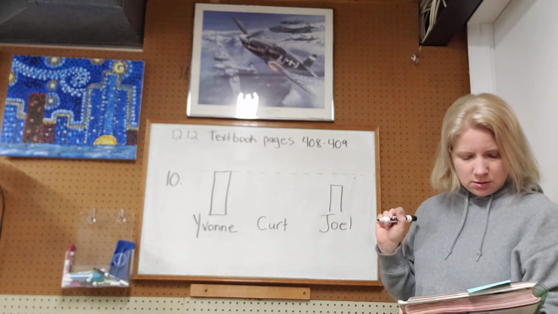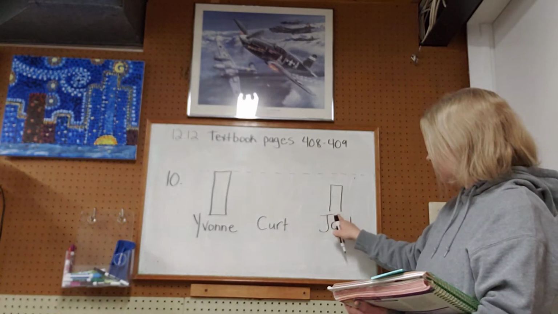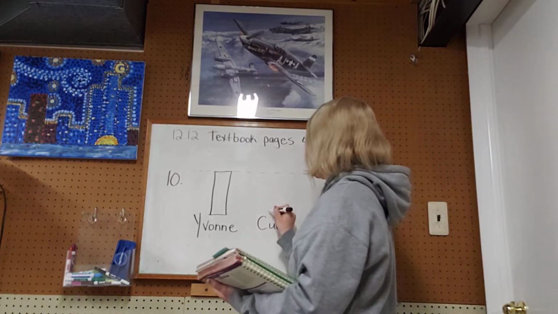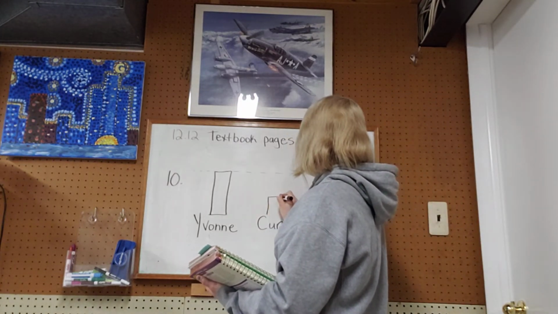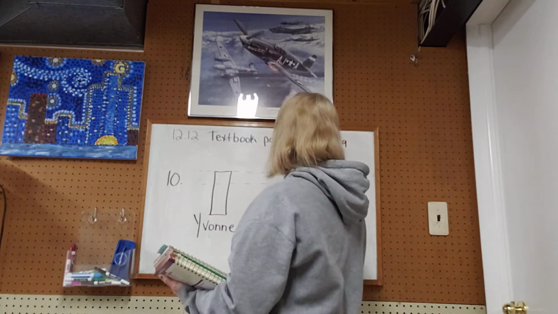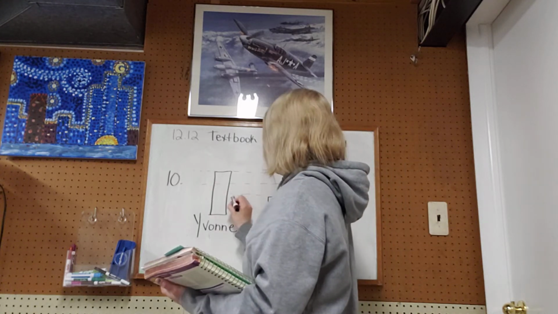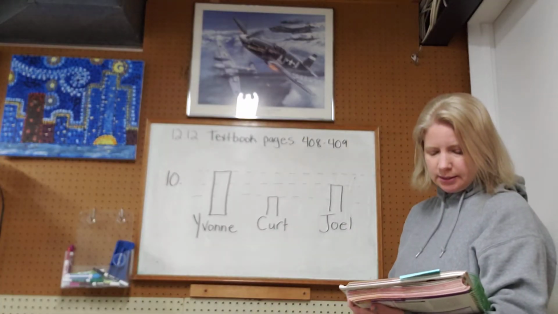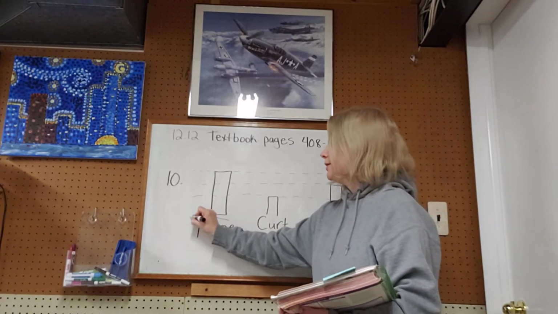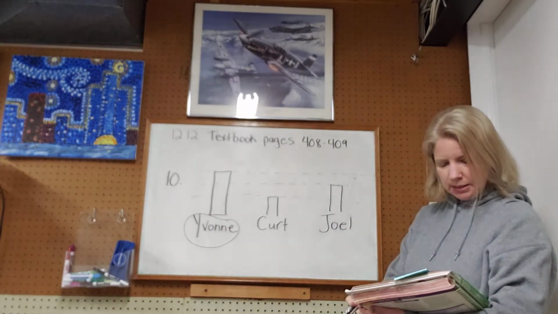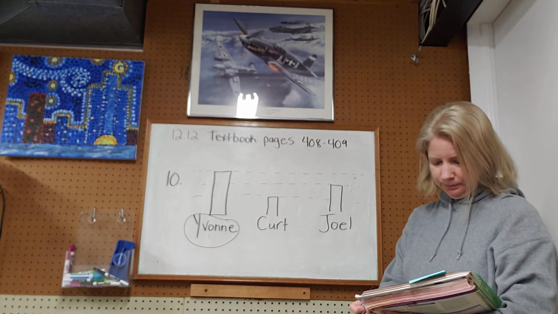Joel's rose more than Kurt's. So Kurt's was even smaller than Joel's. Here's Kurt's, and here's Joel's. So whose bread was the tallest? Yvonne's. That's the answer for number 10, Yvonne.